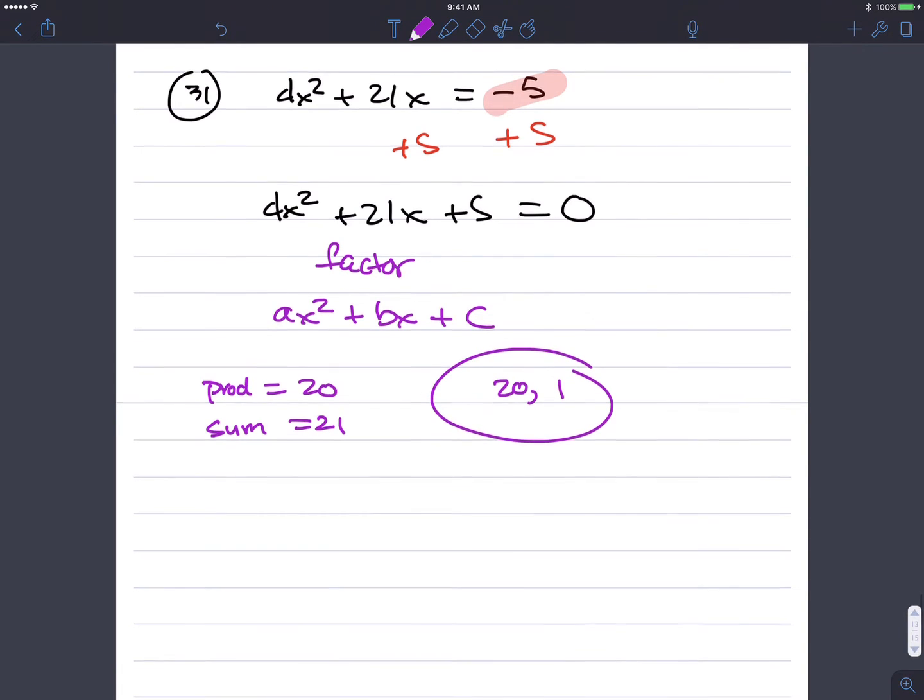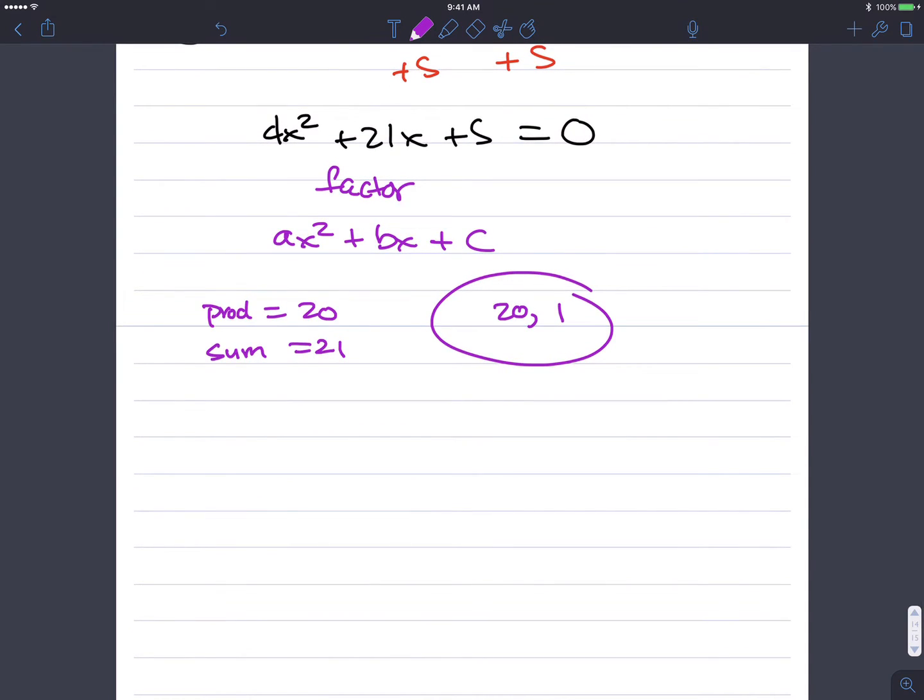So the next step would be 4x squared plus 20x plus 1x plus 5, and that equals 0. Factor by grouping.